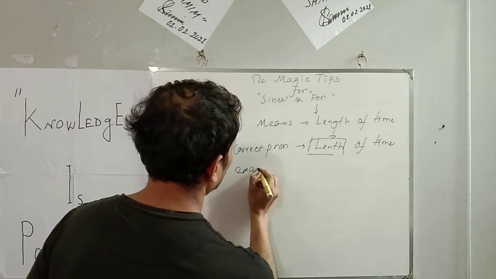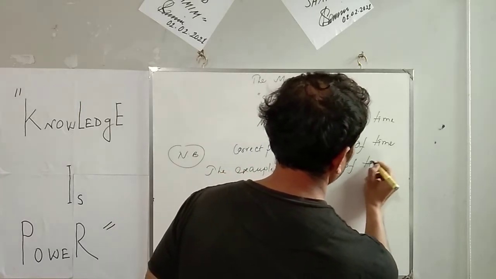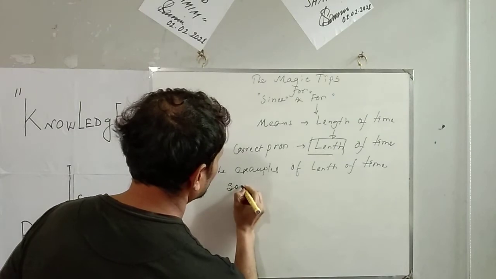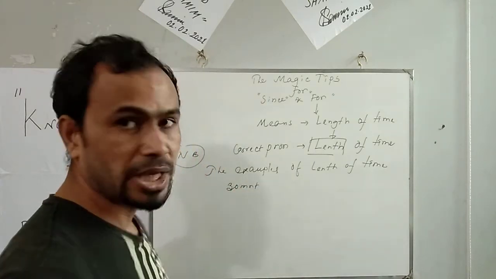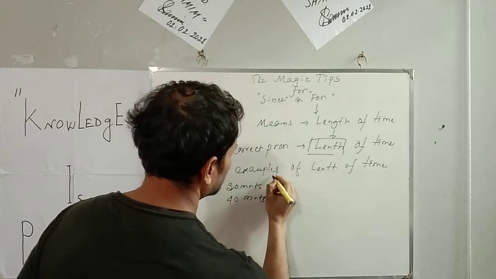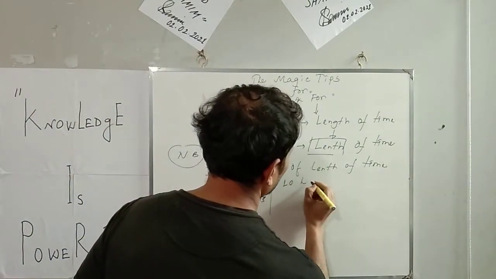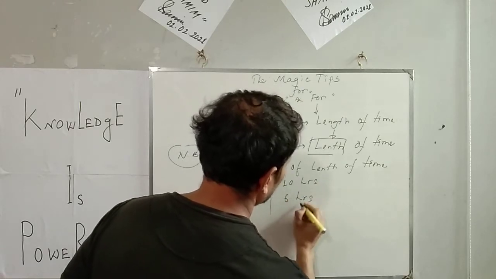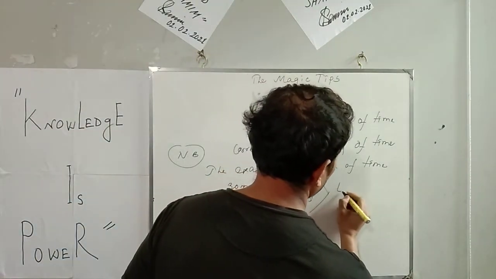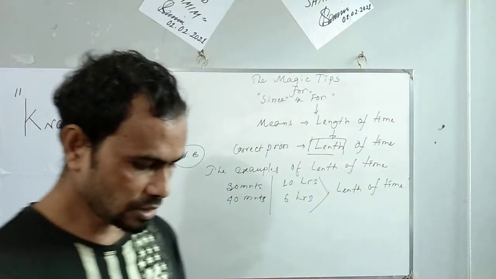The examples of length of time are 30 minutes, maybe 40 minutes, maybe 10 hours, 6 hours, okay. These are length of time.